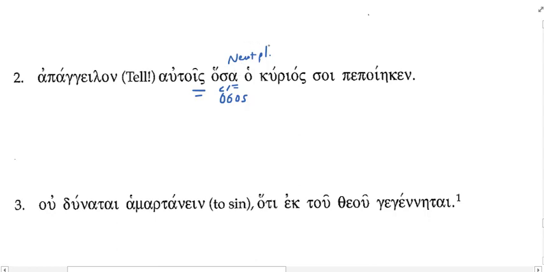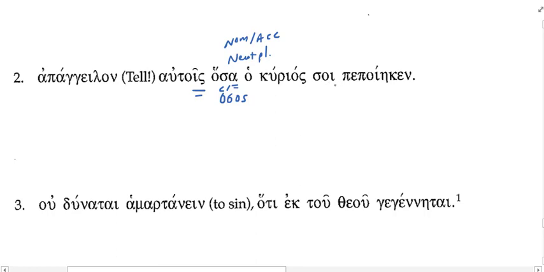I'm just asking about the case that could be. Could it be nominative, genitive, dative, or accusative? Nominative and accusative. That's right. Now, here it's introducing a kind of relative clause. How many things, neuter plural, the Lord, ho kurios, soi pepoieken.